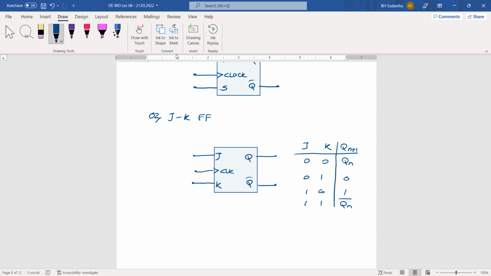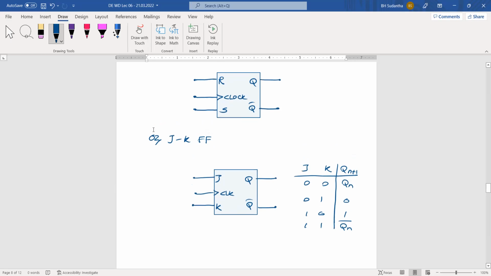If you are really interested to find what is inside the JK flip-flop, you can refer to any standard book of digital electronics. Then you will realize how they have changed the RS latch, RS flip-flop to come to this stage. But in your scope, I am not going to discuss those things, and this will not come to the examination also.